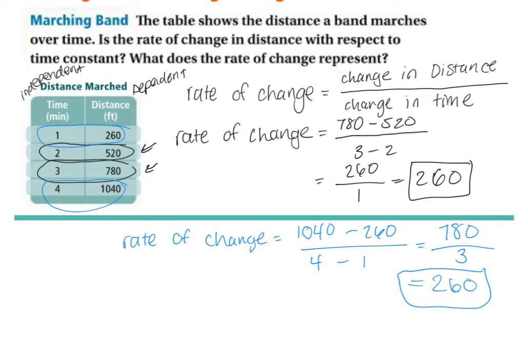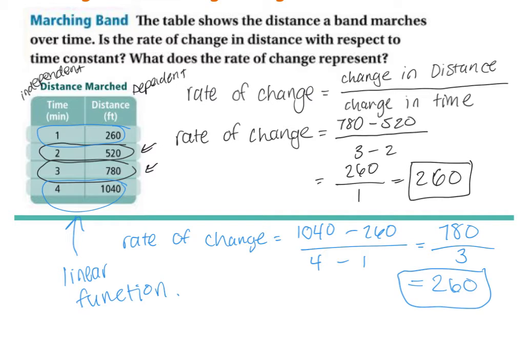Okay, guys, your rate of change will always be the same if you have a linear function, okay? So we're going to label this a linear function. Do you remember what linear functions had? They had patterns, right? They always went up by a certain amount. In this one, our pattern is the distance is increasing by 260 feet for every minute.